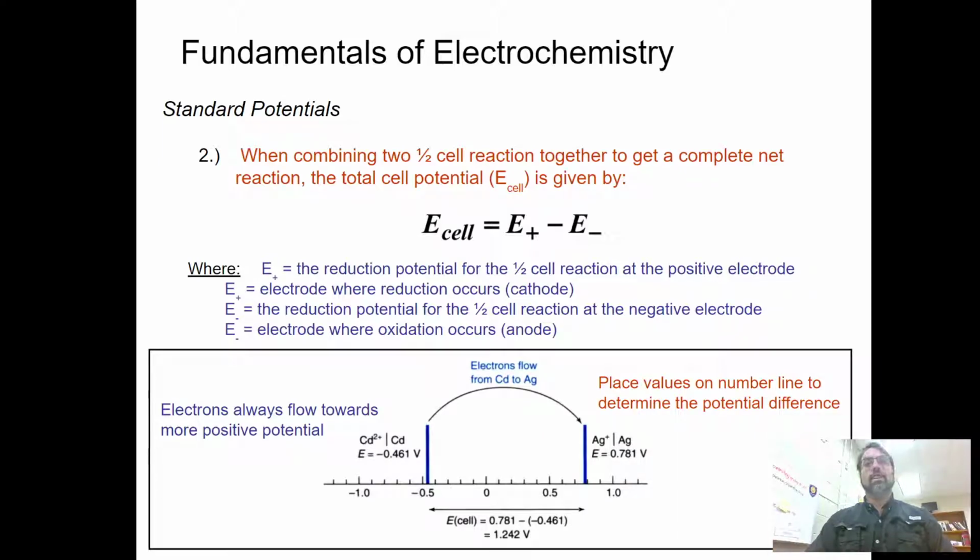So to find our standard potential, we're going to be using a chart, and we're going to combine what are known as the reduction potentials in a cell, all right? The cell potential is going to be a combination of the reduction potential at the positive terminal minus the reduction potential at the negative terminal, okay?